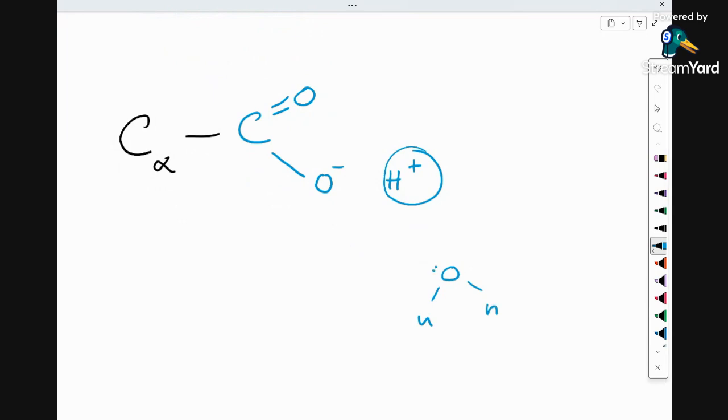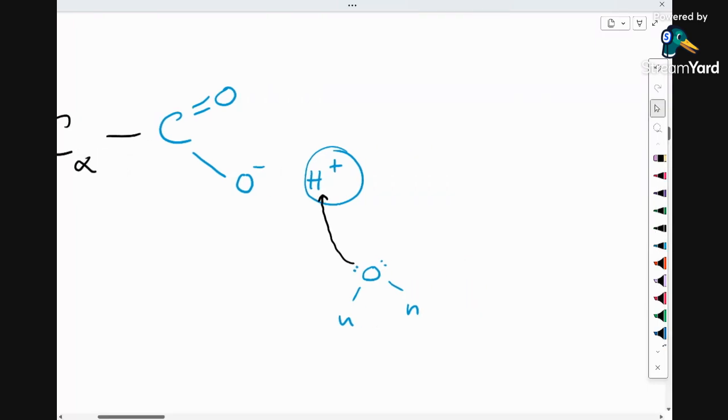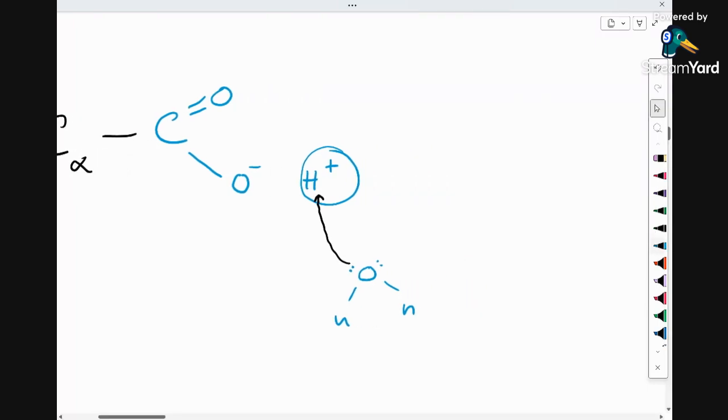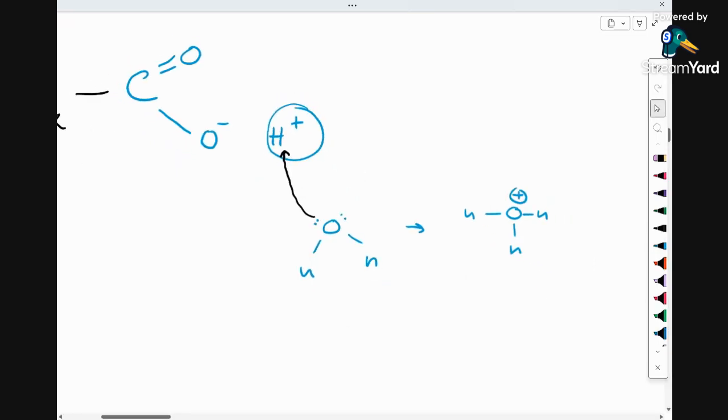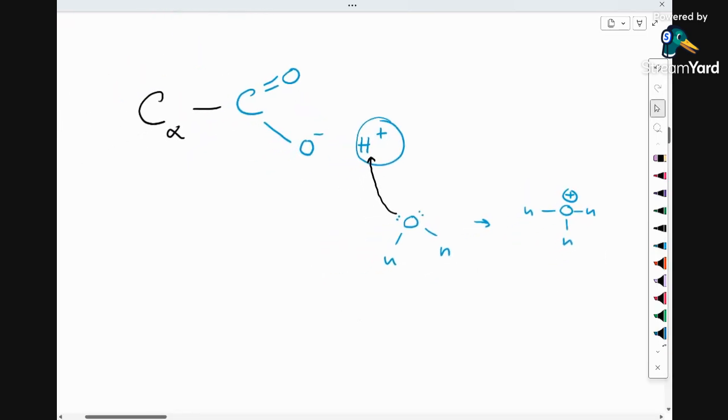And one of the lone pairs on the oxygen here can therefore form a dative covalent bond to that proton, and we then form H3O+. But don't worry too much about that. But that's what's going to happen. Essentially, the water is going to pick up a proton there.